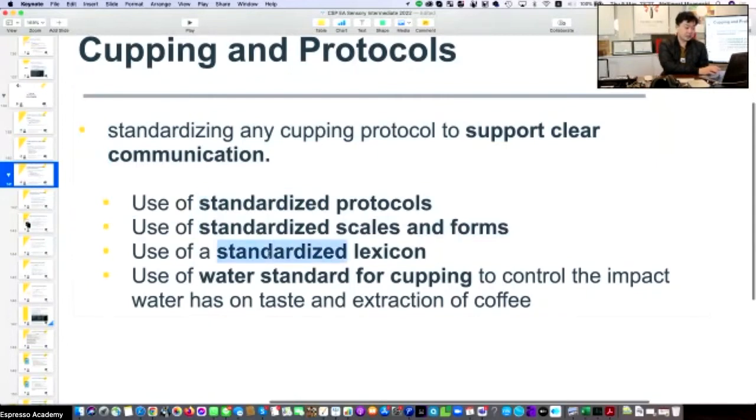Everything has to be standard because you are evaluating a coffee that will be representing a farmer, which is their family income for the children, for the house. So everything has to be on the standard just to make sure it's a fair game for everyone, everywhere. It has to be fair.